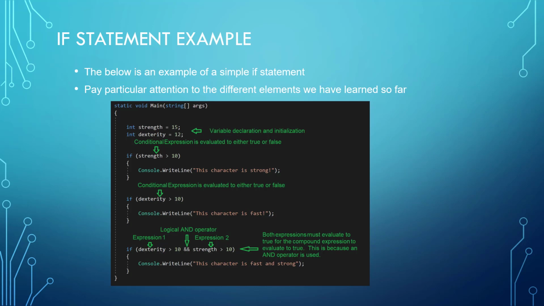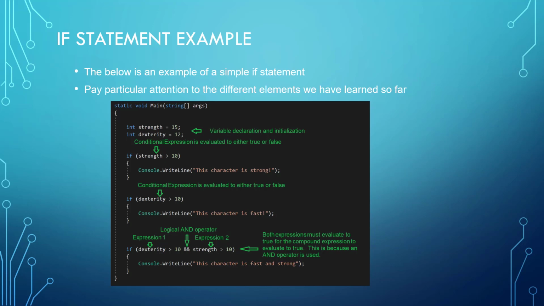So strength is greater than 10. So this conditional expression here should evaluate to true. Since it evaluates to true, we go inside of the brackets of the if statement, and the Console.WriteLine, this character is strong, would be printed to the screen.